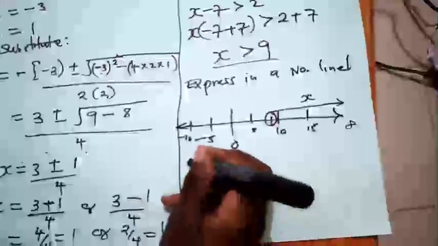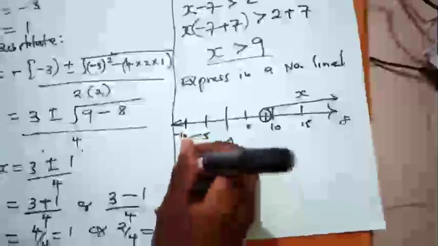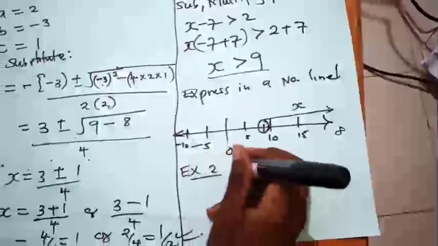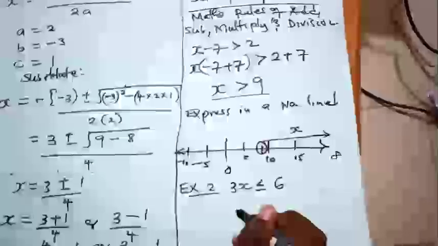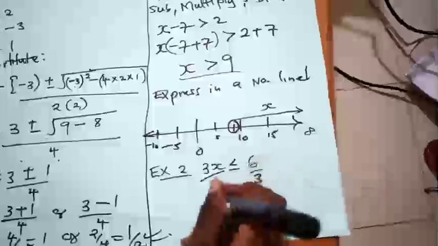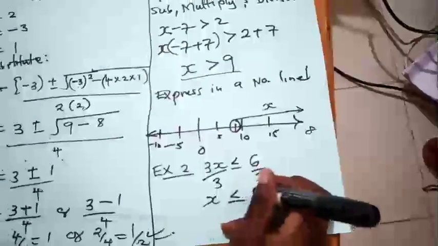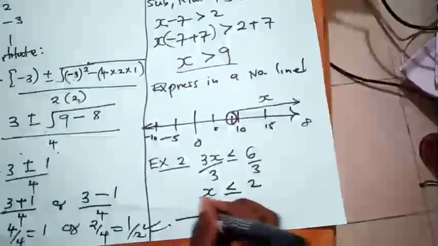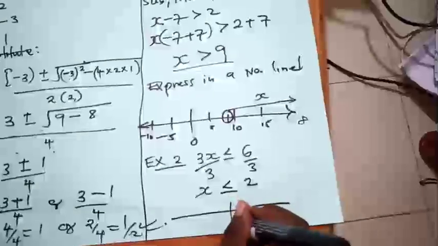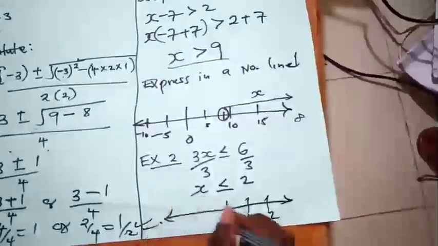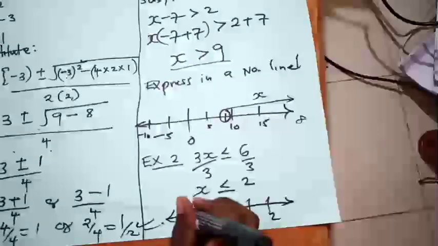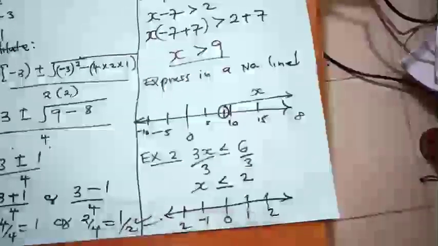Let us solve example 2, 3x is less than or equal to 6. We are going to use the division rule. We divide by 3, and x is less than or equal to 2. We express that on a number line. We have 0, 1, 2, to positive infinity, and negative 1, negative 2, to negative infinity.